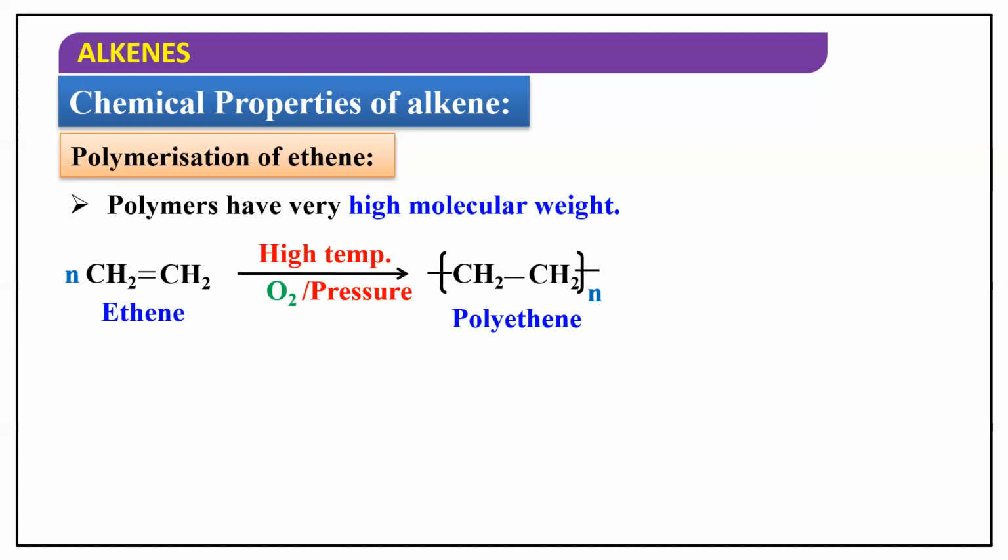So remember your roadside vendor or your provision shop owner, or remember yourself or your parents: give me a polythene cover. So polythene is actually polyethene. Polyethene is a polymer that is formed when N molecules of ethene combine to form a long chain compound in the presence of oxygen, high temperature, and pressure.